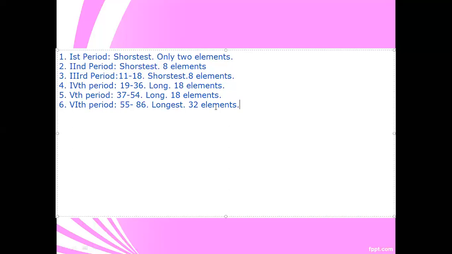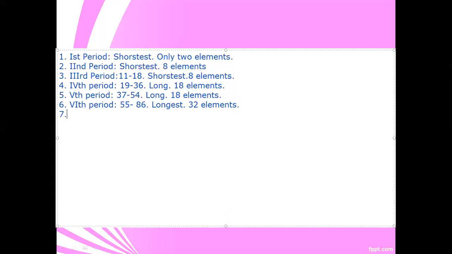The next one is the seventh period. The atomic numbers are 87 to 118. The scientists identified 118 elements.